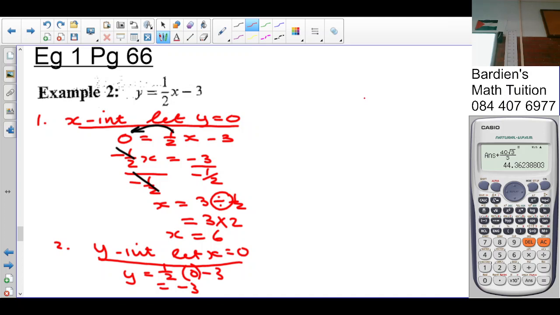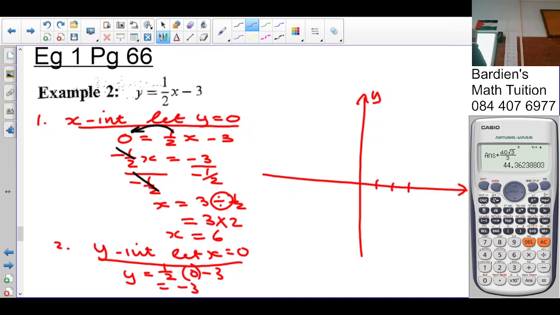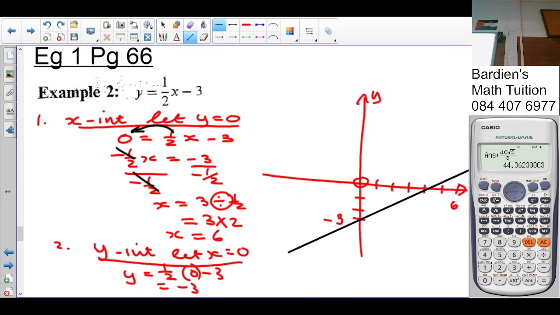So again we draw on a different system of axes, not on the same one as the previous. X is 6. There's 1, 2, 3, 4, 5, 6. And y is negative 3. 1, 2, 3. There's your origin. So when we draw, the graph is going through the 6 and the negative 3.